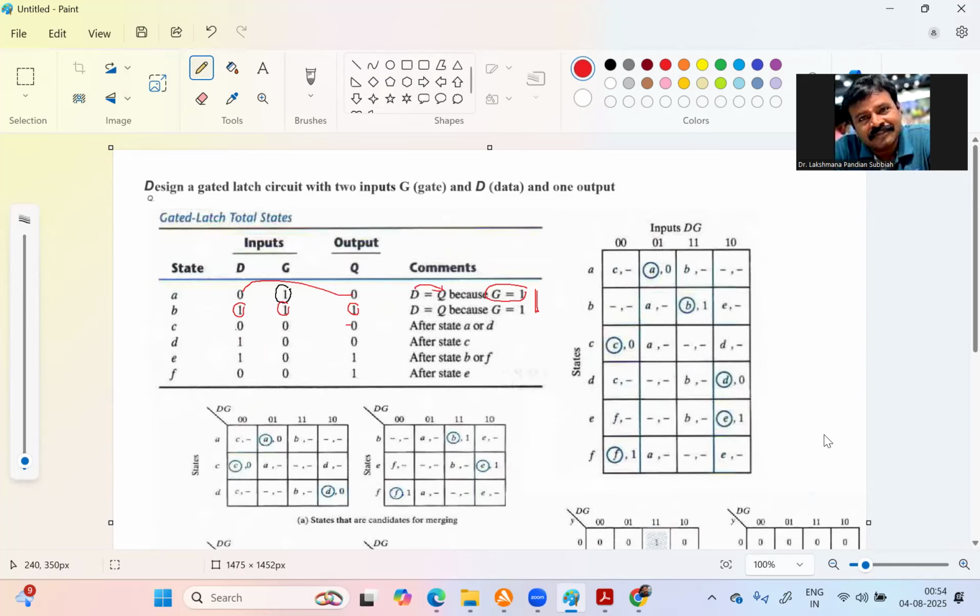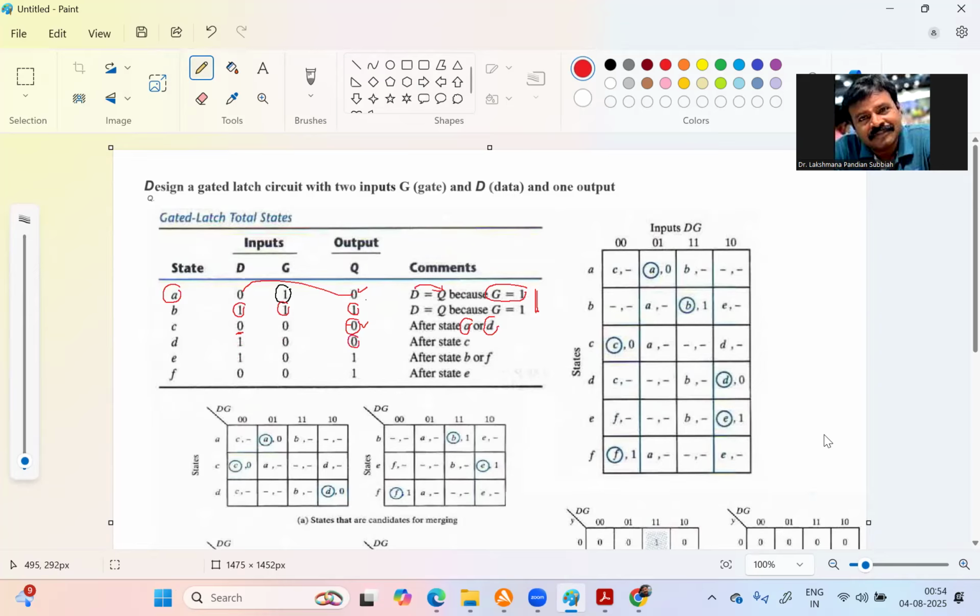So here, if you have 0, 0, the output is 0, since the previous state is already 0. So this is the state after A and D. If A is a state where the output is 0, then after applying 0, 0 it remains 0. Otherwise, in D we have 1, 0 and the output is 0.